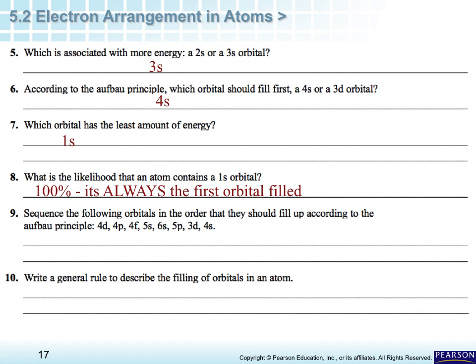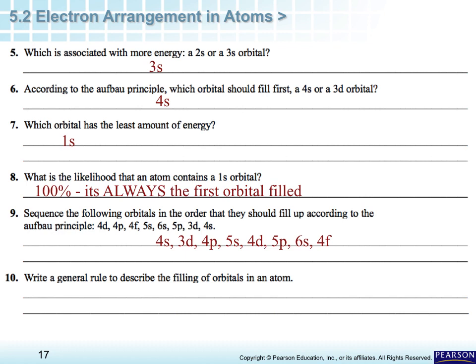Sequence them in the order they should be filled according to the Aufbau principle. Well, if you look at the bottom of your periodic table, or you go back to the diagram on the previous slide, it was 1s, 2s, 2p, 3s, 3p, 4s, 3d, 4p, 5s, 4d, 5p, 6s, 4f.